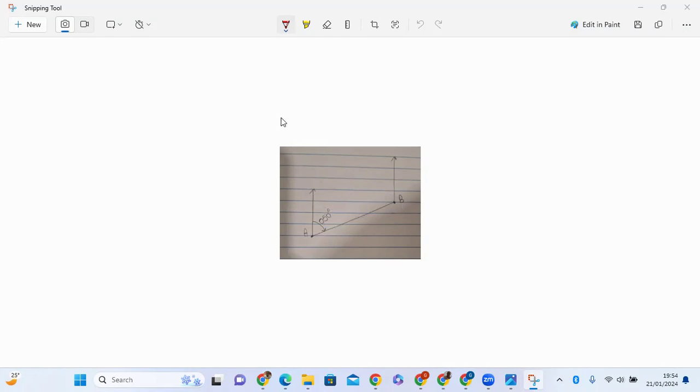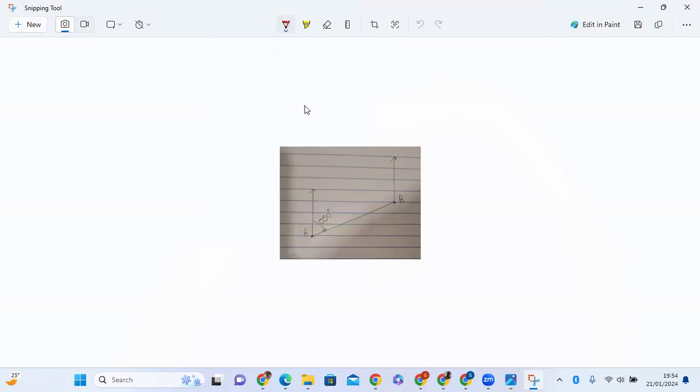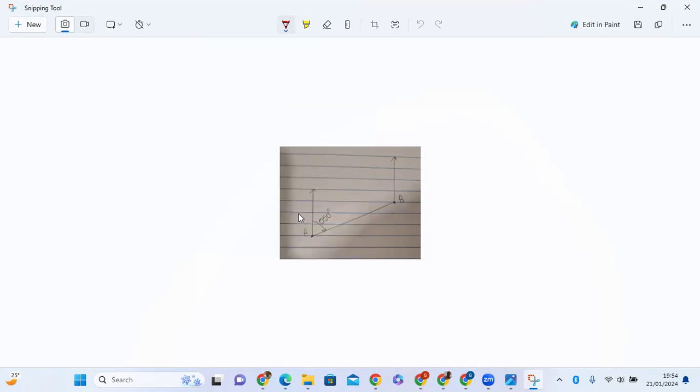Now, it's always good practice when you are drawing bearings to indicate your north line, so this arrow represents the north line. You write a little N above the north line.